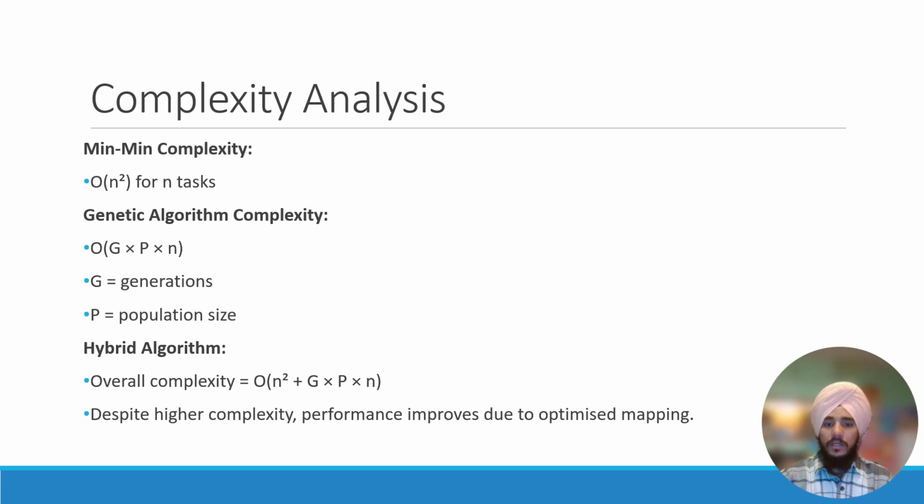As such, the complexity of the hybrid algorithm is O(n² + G × P × n). This makes the computing cost more expensive, but the benefit is that an optimized schedule is produced and performance in dynamic clouds increases greatly.